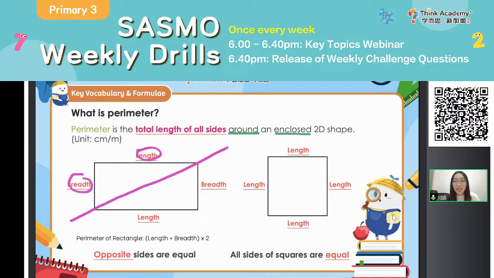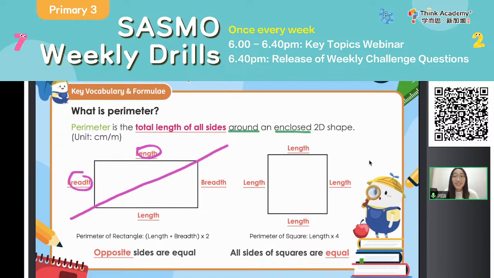And what about the sides of squares? Since all of them are equal, as long as you know the length of one side, then just multiply by 4, you can get the total length of sides. So the perimeter of a square is the length times 4. Okay, so this is the basic concept.